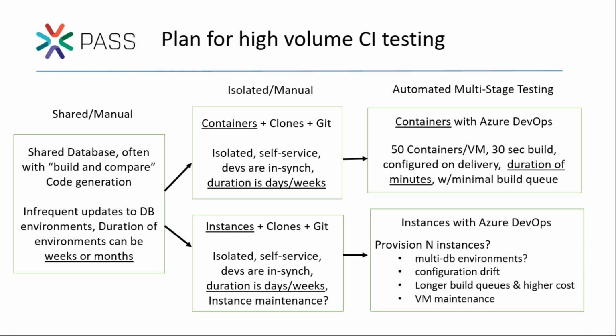In the lower right-hand box, if you're working with instances, you're going to have to provision a number of them to support the test volume. And you're going to be dealing with configuration drift and errors that result from configuration problems. You're going to have to maintain these VMs, and ultimately you're going to incur significantly longer build queues and higher costs.